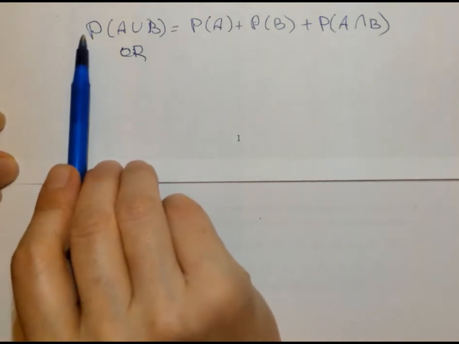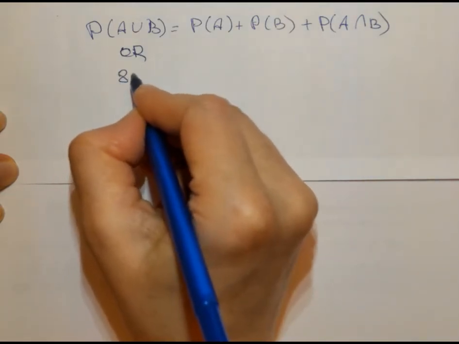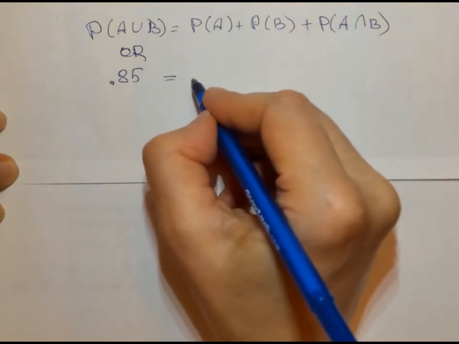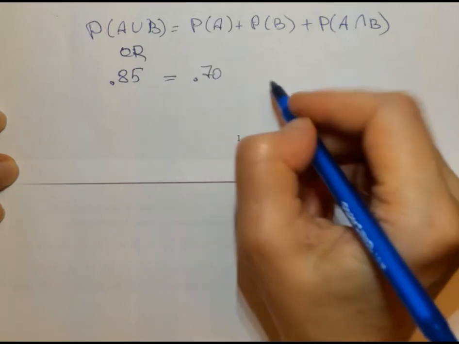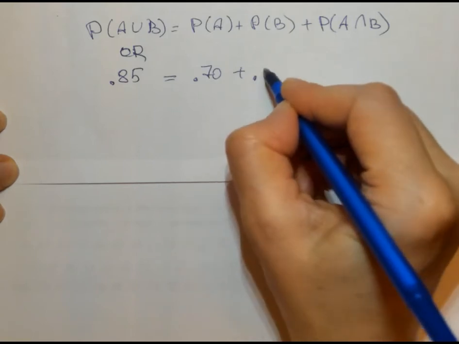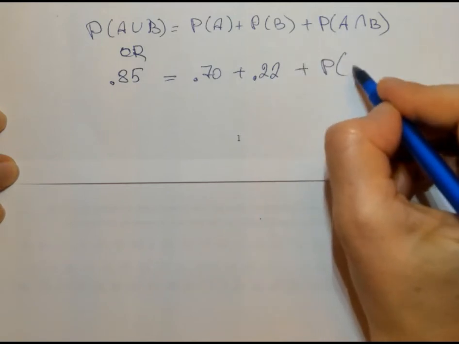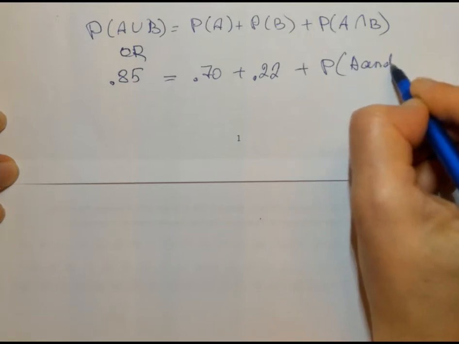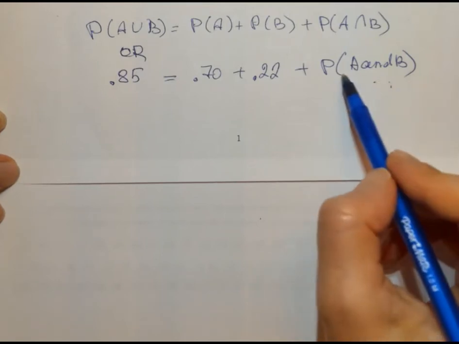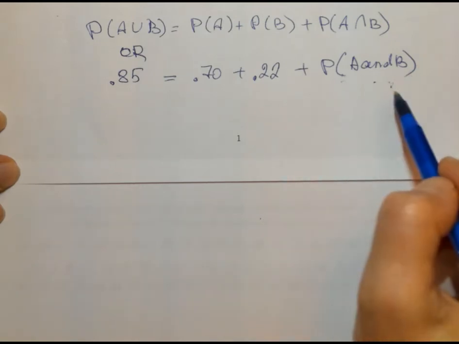If you know that, for example, the probability of A or B is 85% or 0.85, probability of A is 0.70, and probability of B is, for example, 0.22, then you can find probability of A and B, of the intersection of these two events, or the situation where A and B occur simultaneously.